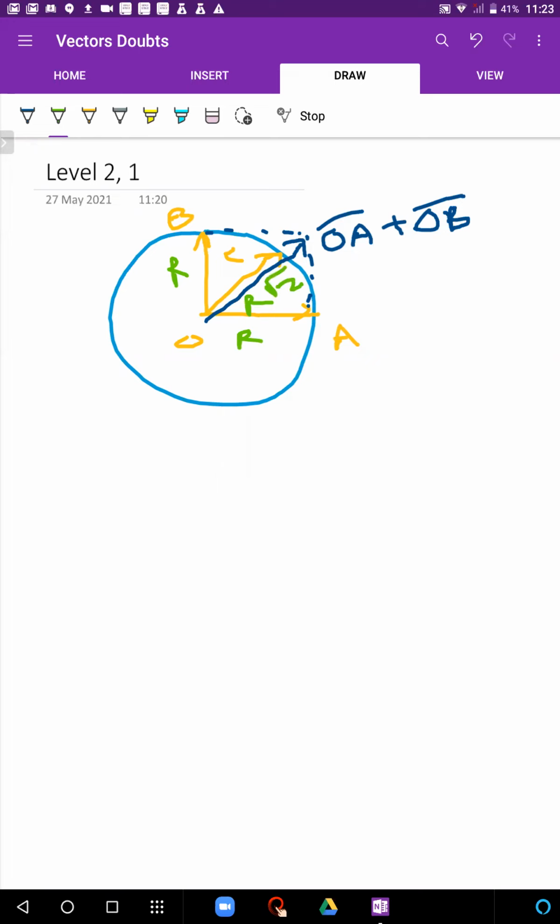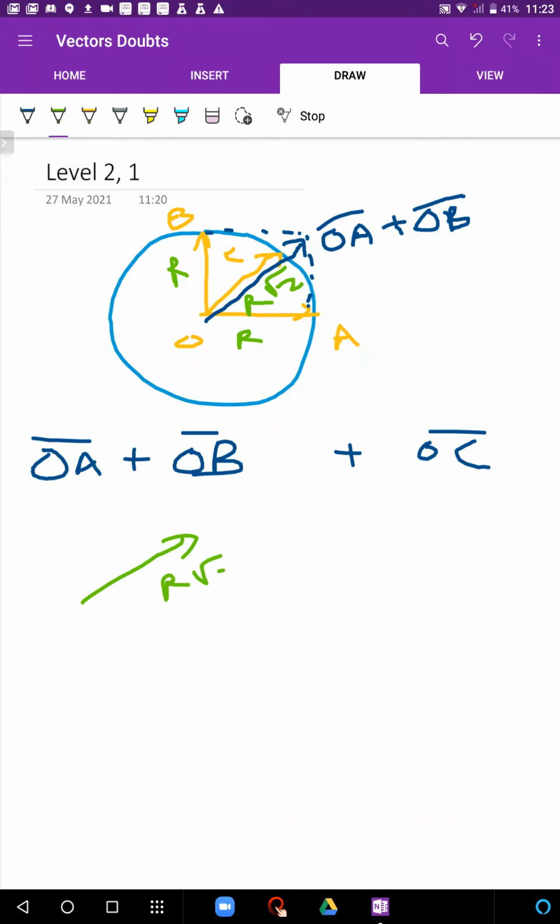And since OA plus OB is parallel to OC, you just will add up the magnitudes. And the vectors are already parallel, so there's no fancy addition that you need to do. This is already R root 2 at an angle of 45 degrees with the horizontal, and that is already R at an angle of 45 degrees with the horizontal.